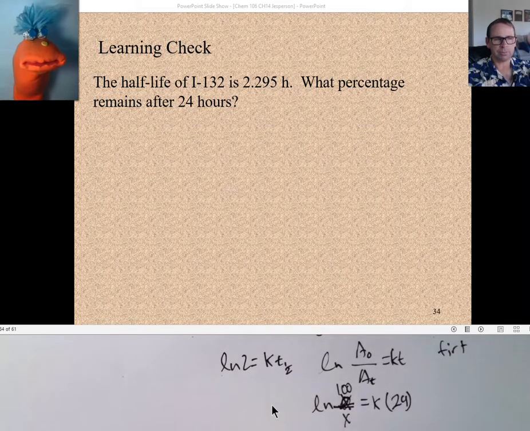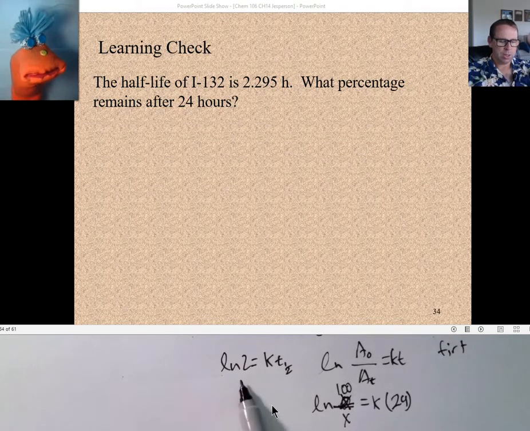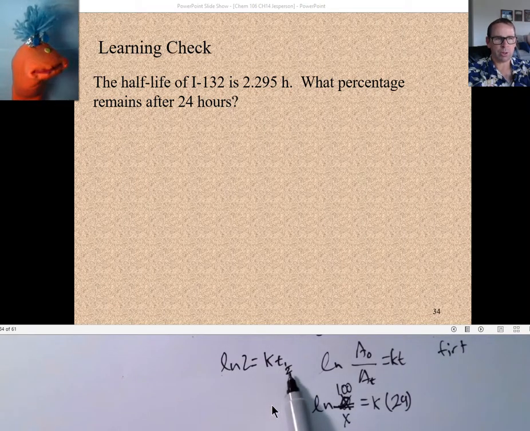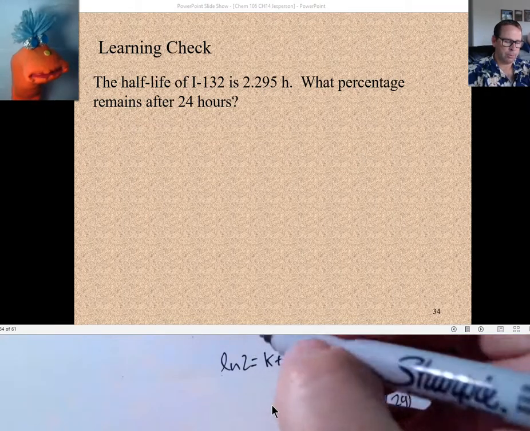So what can we do? I guess you said we could use that other equation, but I'm not sure how. Well, see, what this has is just 2 variables, and we know one of them, don't we? We know the half-life is 2.295. Oh, okay, yeah. So we can get k. That's right.